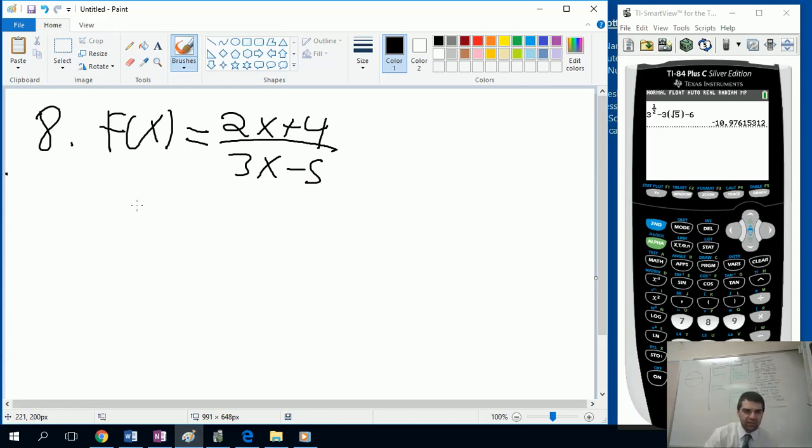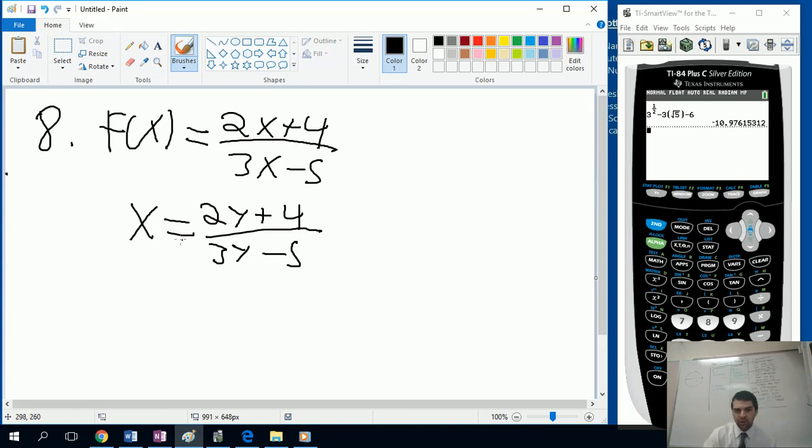First of all, f of x becomes y, and then you switch the x's and the y's. So x is equal to 2y plus 4 over 3y minus 5. Then you multiply each side by 3y minus 5. So x times 3y minus 5 is equal to 2y plus 4.